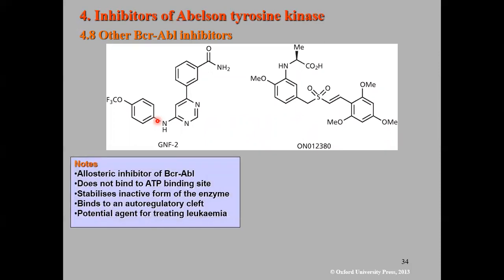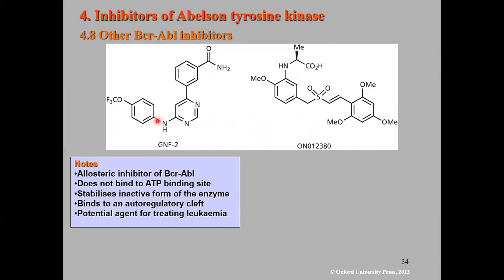They are allosteric inhibitors. You remember when we mentioned the types, we said that there are some inhibitors we call allosteric inhibitors because they don't interact at the ATP binding site. They interact somewhere else. Like the GNF2, it's an allosteric inhibitor of BCR-ABL, doesn't bind to the ATP binding site.